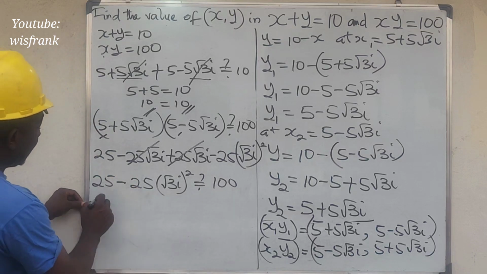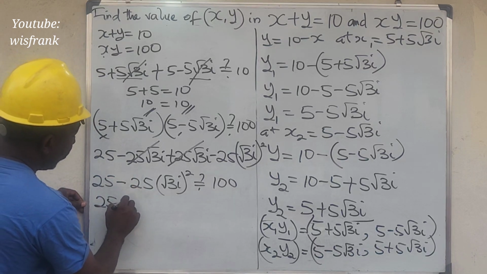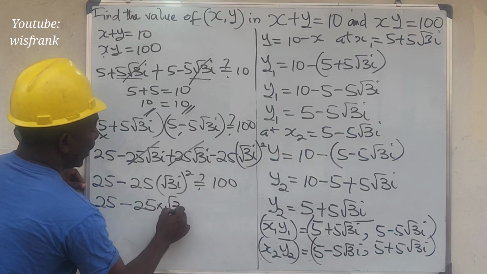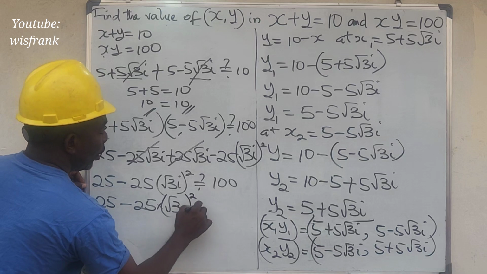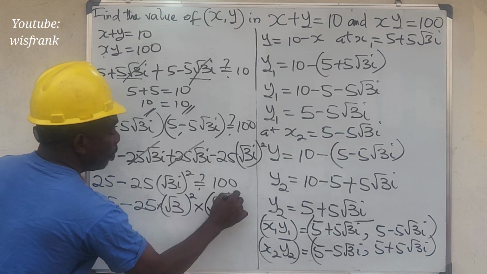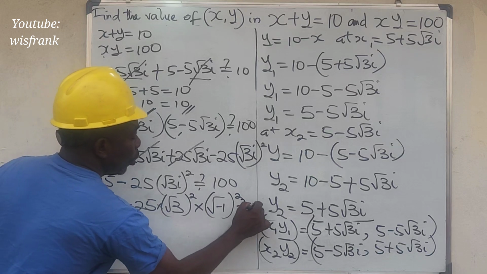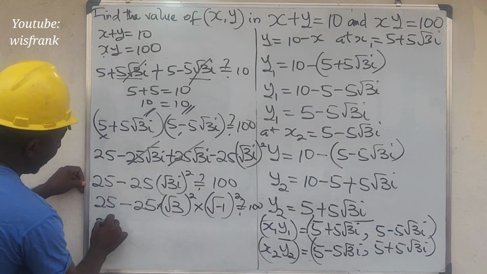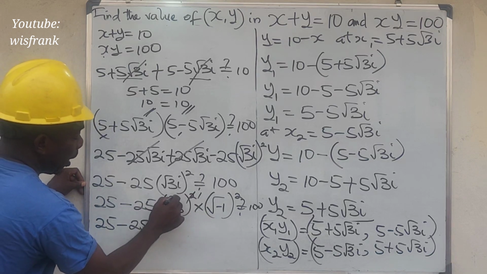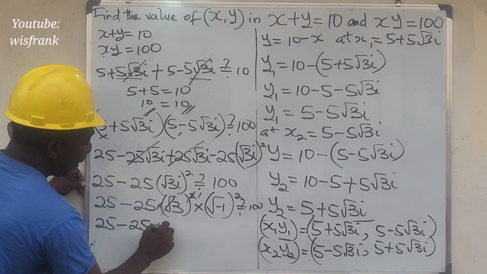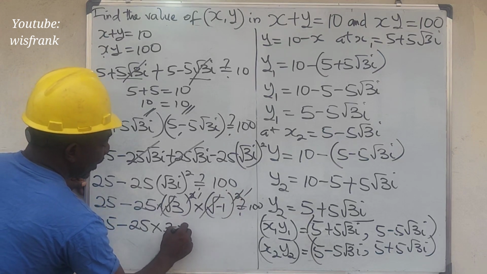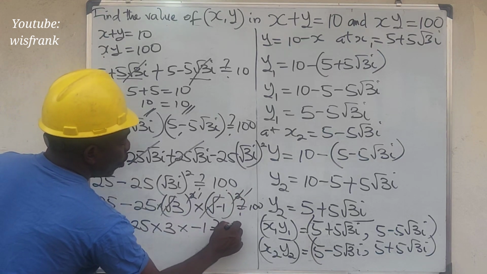So doing, this is the same thing as 25 minus 25 times root 3 all to the power of 2, then we have times the square root of minus 1 all to the power of 2. Will this equal 100? This is the same thing as 25 minus 25. This will go here and this will go here, we are now left with times 3. Then this will go here and this will go here, we are now left with times minus 1. Will this equal 100?